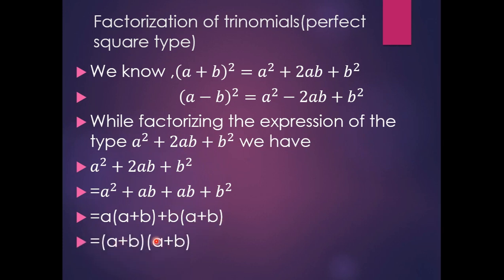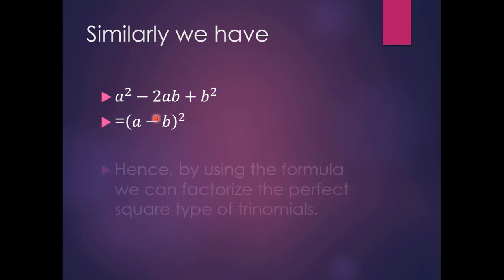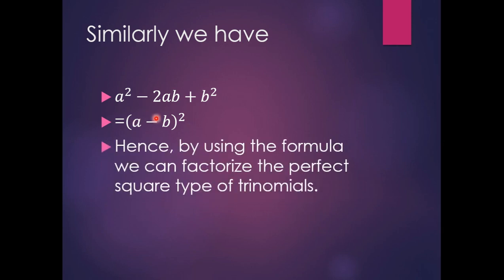So a plus b times a plus b, or a plus b whole square. Similarly, a square minus 2ab plus b square, we can write minus ab and minus ab, so this equals a minus b whole square. Hence, by using the formula, we can factorize the perfect square type of trinomials.